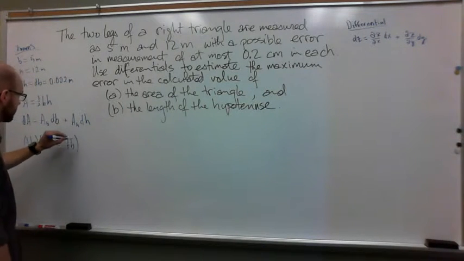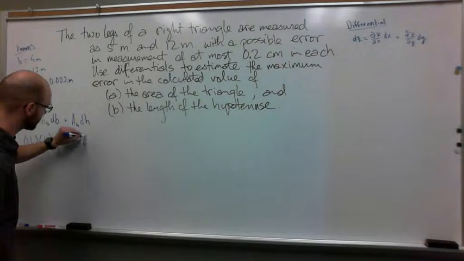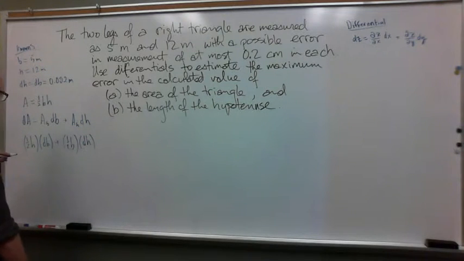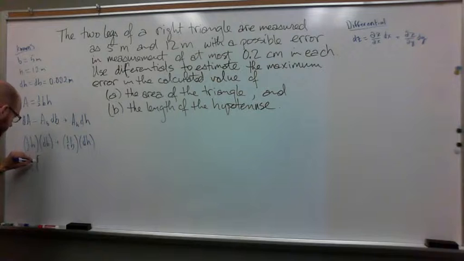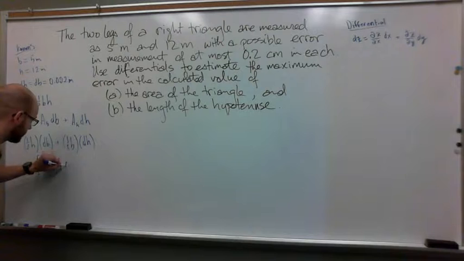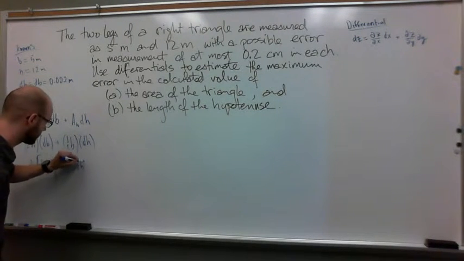We treat the base as a constant, and then times that by dh. Okay, and then simplify that to 1/2 times the height times the change in the base plus base times change in the height.